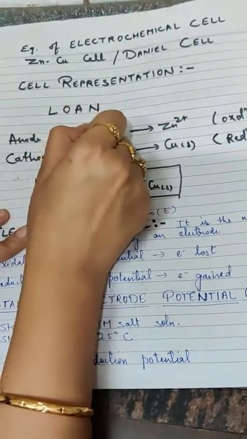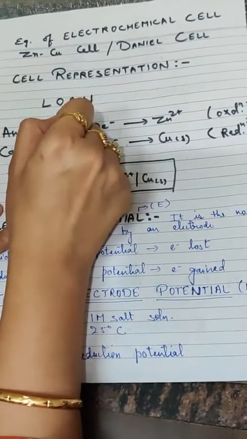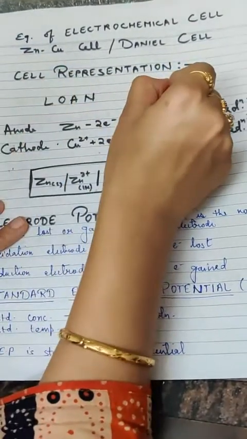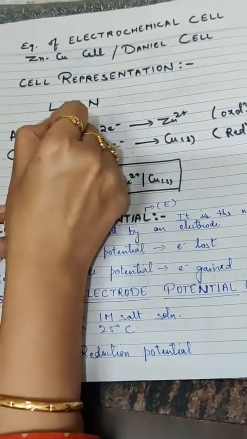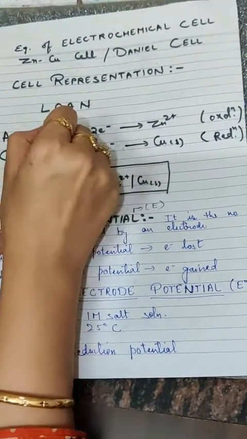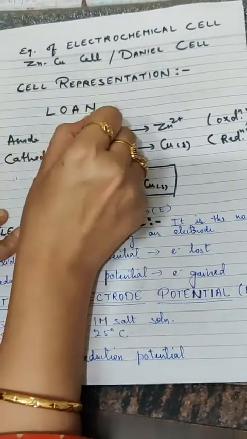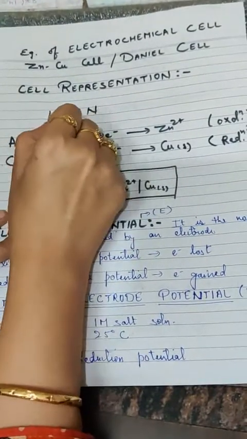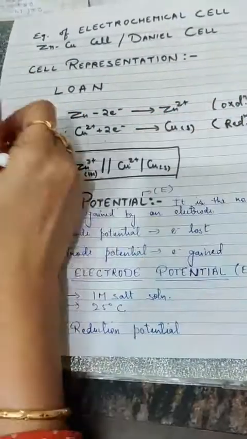So we need to keep this point in mind, that the anode in a cell representation always occupies the left side, whereas it is connected to the negative terminal of the battery, and always at the anode oxidation occurs. So this will help you in solving the questions in your exams also.